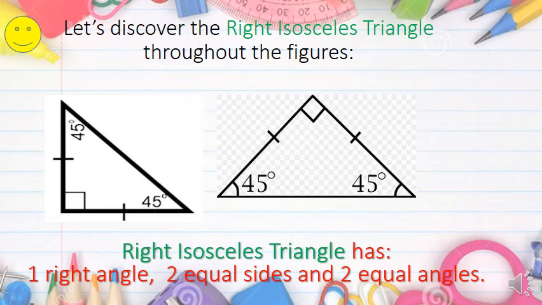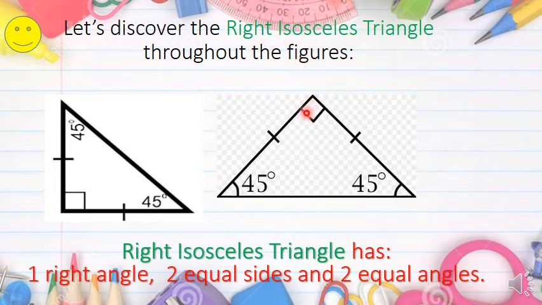The last kind of triangle we are going to talk about is the right isosceles triangle. Look at the figures below. It's right and isosceles. Right, it has a right angle. Isosceles, it has two equal sides and two equal base angles. A right isosceles triangle takes the properties of the right and isosceles triangles.